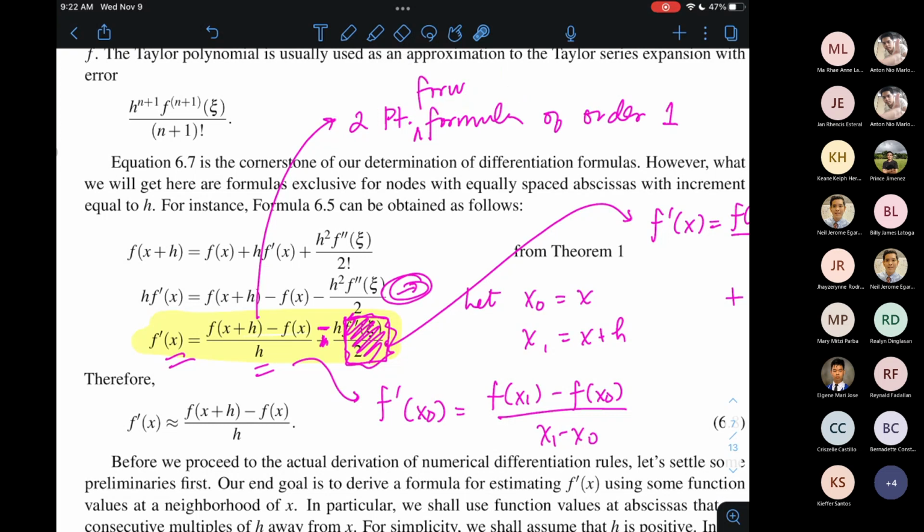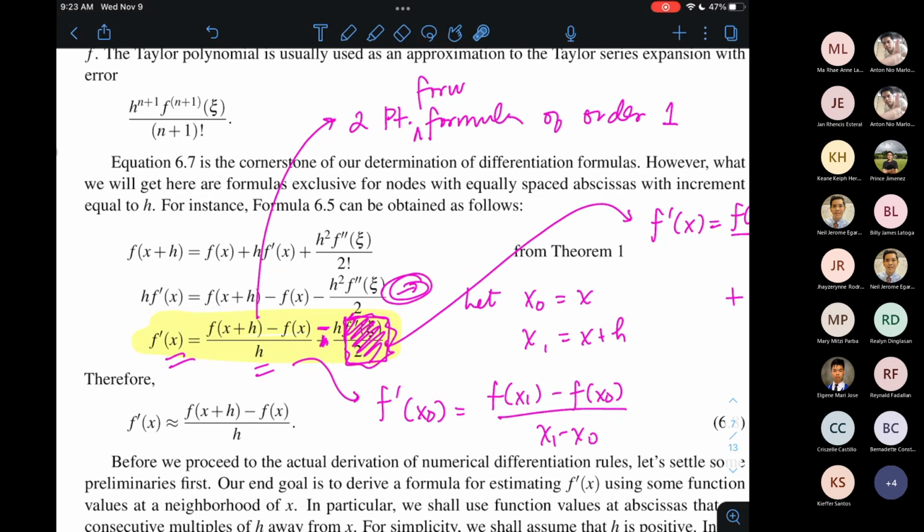Forward ba? Backward ba? Or centered formula ba? Tapos sasabihin ko kung ano yung order. But we'll recall all of this next time before I start deriving some other formulas and illustrating to you how the process will work. But essentially, that's our plan. That's our game plan to find arbitrary differentiation formulas.